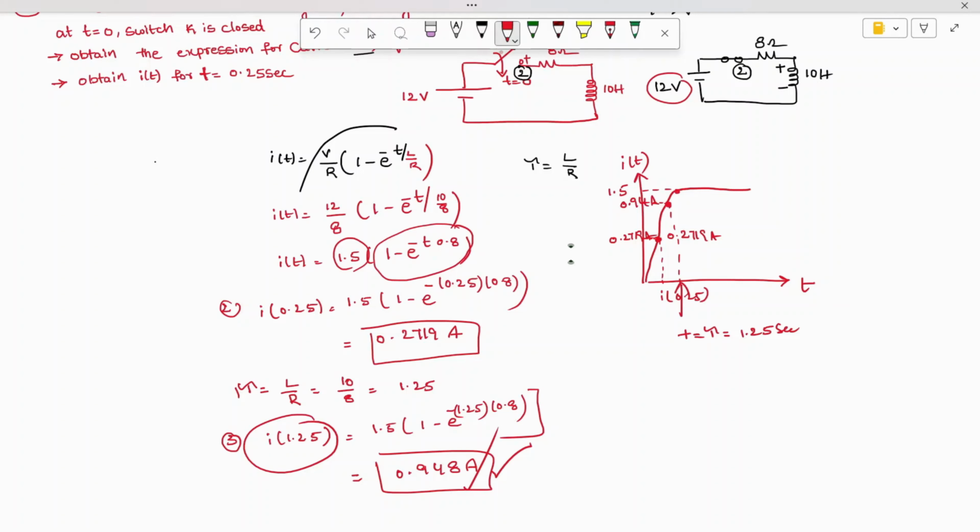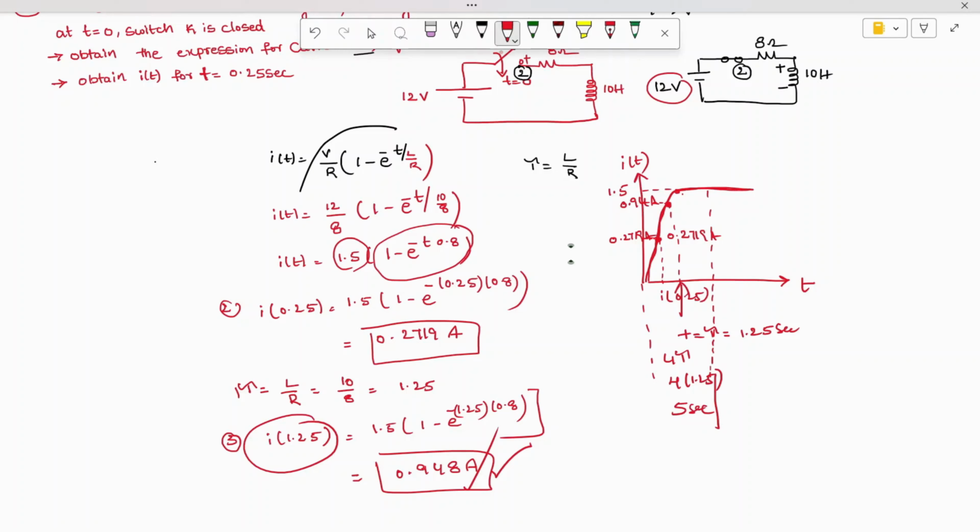This is how the inductor slowly charges and reaches the steady state. This is only one time constant; we go up to 4 times the time constant. This is 4 tau, so we can write 4 into 1.25 seconds, which is approximately 5 seconds.